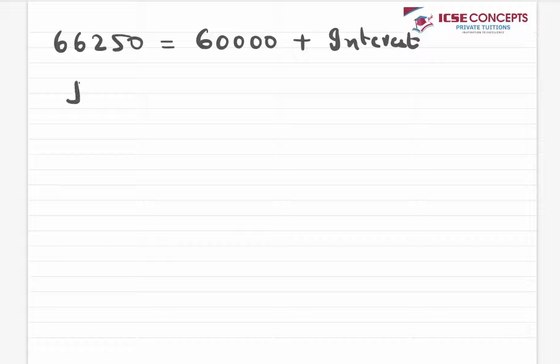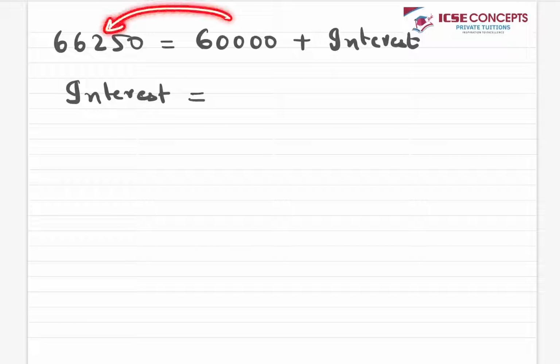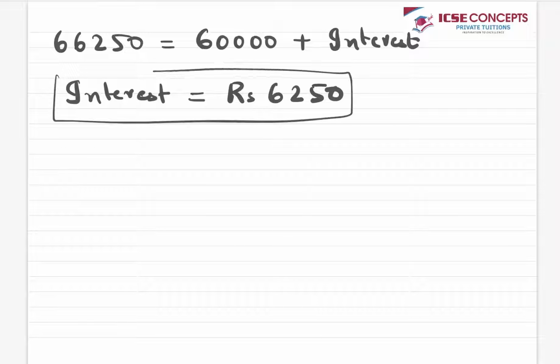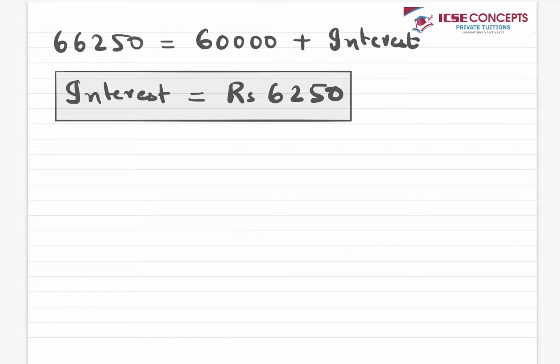So the interest will be 66,250 minus 60,000. So when you subtract, the amount comes to rupees 6250. This is one of your answers, right? So the interest paid is equal to rupees 6250.